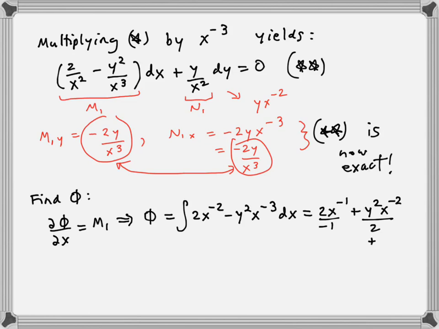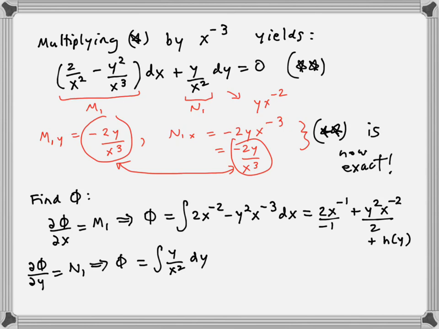And then plus, we've got some unknown function of y. And what about the other guy? Partial of phi with respect to y, if we set that equal to n1, this means that phi is going to equal the integral of y over x squared with respect to y.